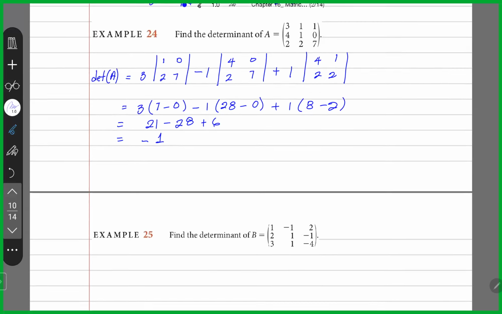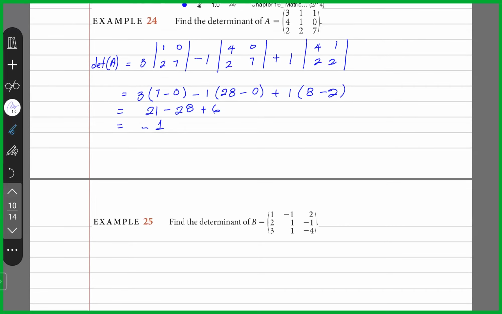In example 25, the determinant of B is equal to 1 times the determinant of 1, 1, minus 1, minus 4, minus 1 times the determinant of 2, 3, minus 1, minus 4, plus 2 times the determinant of 2, 3, 1, 1.